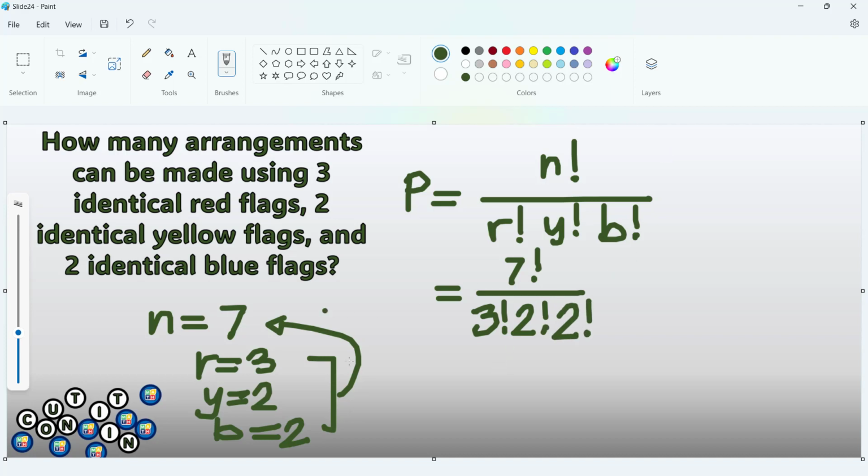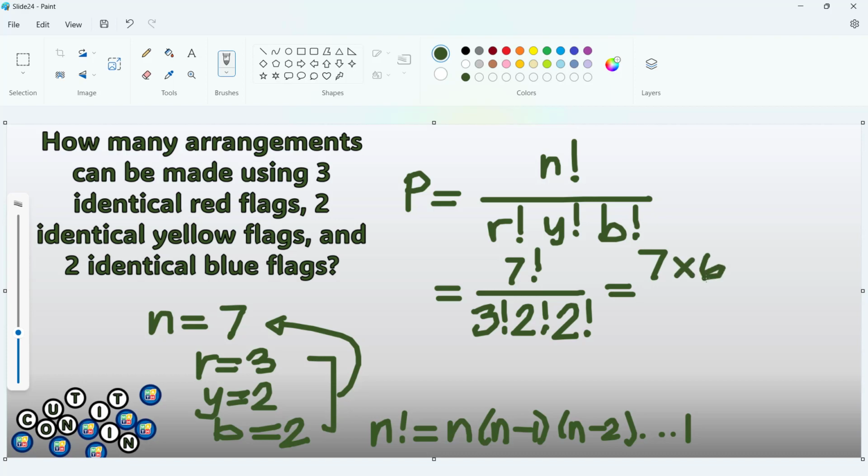Take note that n factorial is a condensed way of writing the product of integers from 1 to n. Or in reverse order, we have n times the number before it, n minus 1, times the number before that, n minus 2, until we reach 1. This would mean that our numerator is equal to 7 times 6 times 5 times 4, and let me end at 3 factorial.